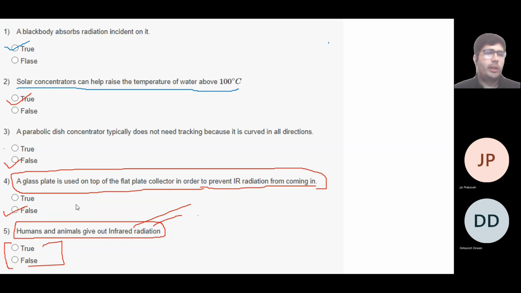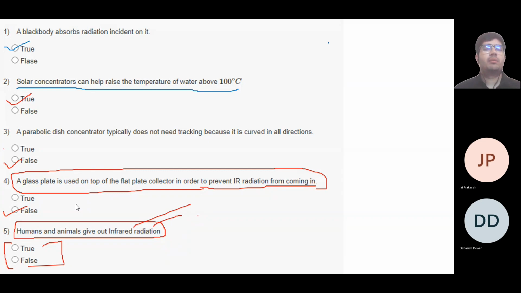Okay. So humans and animals give out infrared radiation. Yes, it's true, because our body also has some particular temperature, and every temperature has some radiation associated with it. The intensity of radiation depends on the temperature: the higher the temperature, the more intense the radiation.